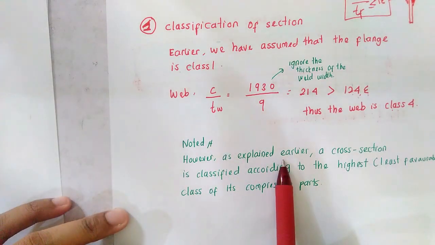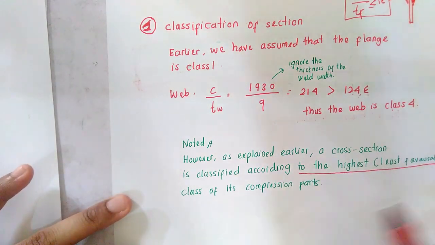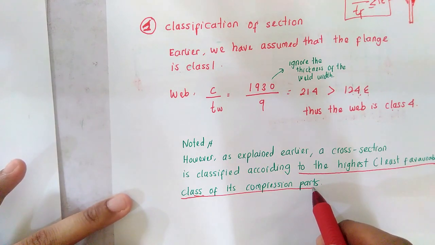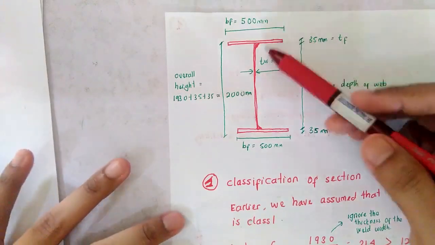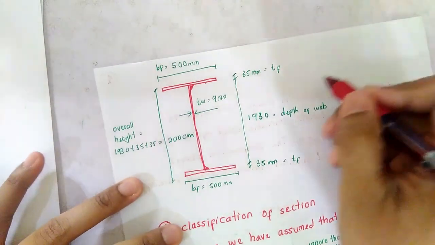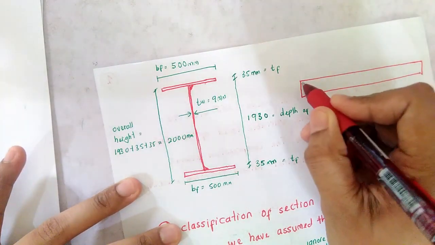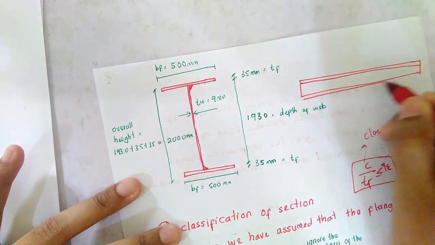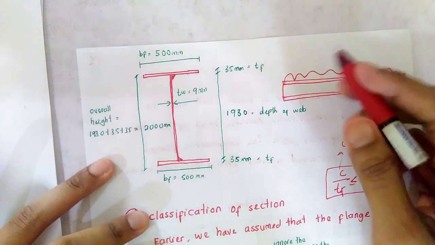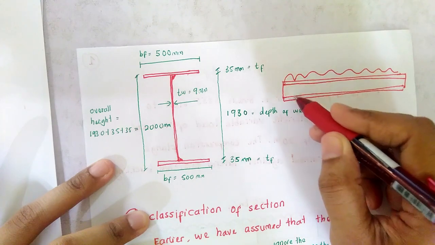However, as explained earlier, a cross section is classified according to the highest, least favorable class of its compression parts. So in this case, if you look at the web and flange for a beam section or a plate girder section, when you load the plate girder, it will bend.